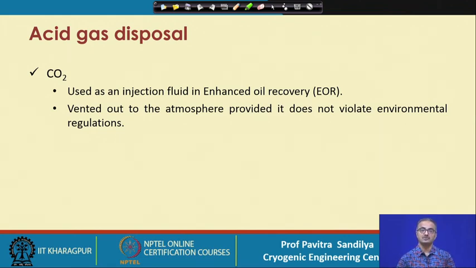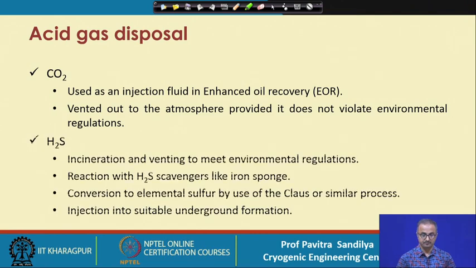So, there we can use carbon dioxide, because it is important for us not only to capture the carbon dioxide, but also to find a way so that it can be sequestered. So, this is one of the ways, and another way is to vent it out to the atmosphere if the concentration does not exceed the environmental regulatory limit.